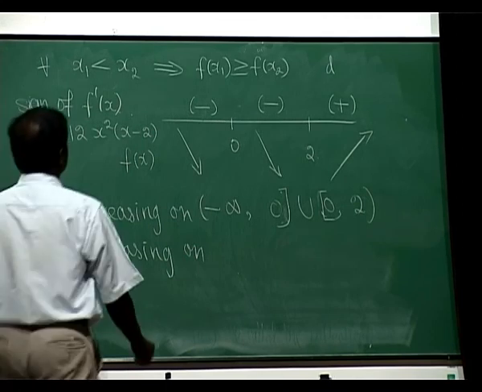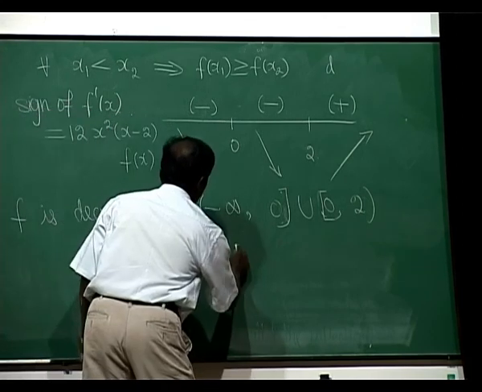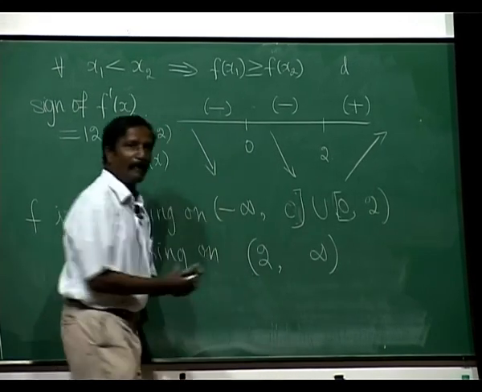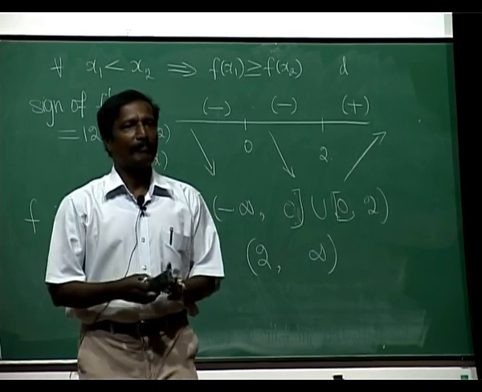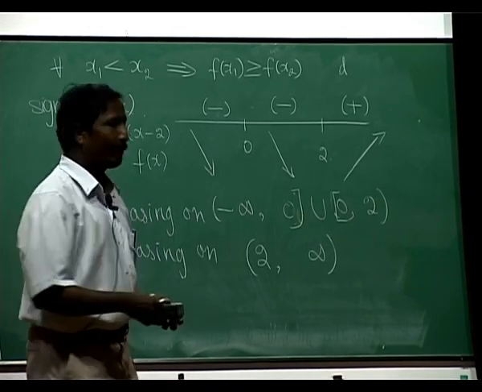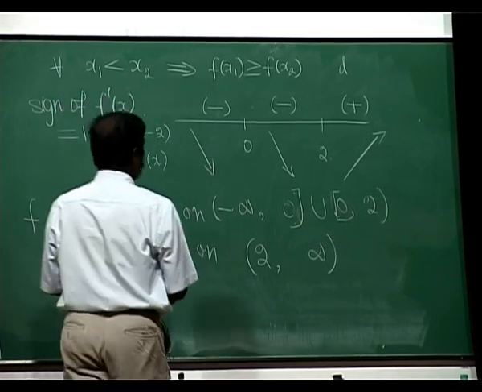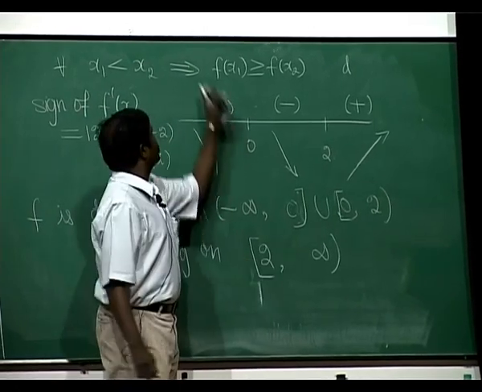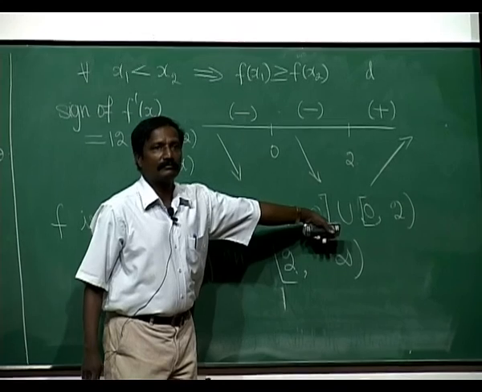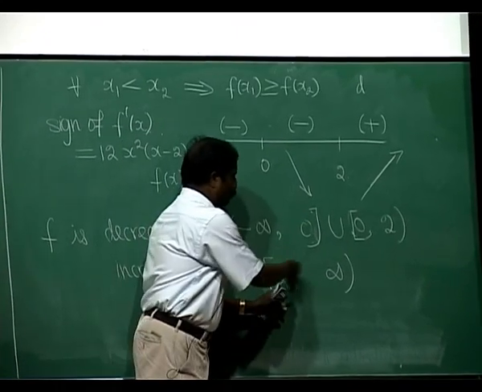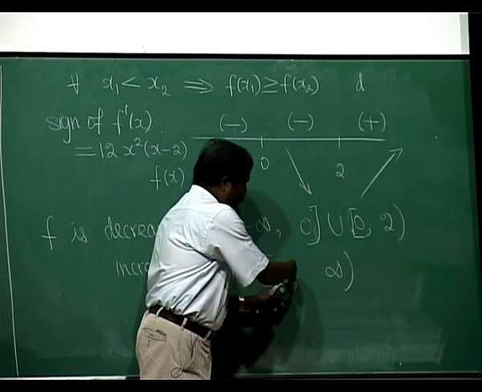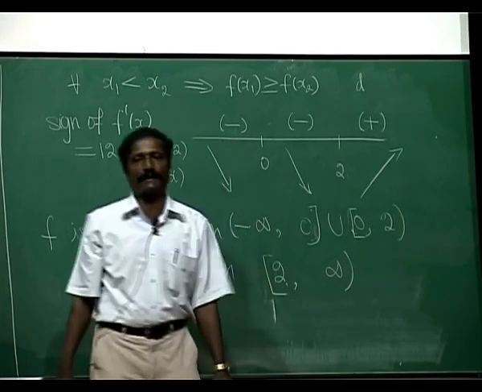So it is increasing on 2 to infinity. Now the question is, suppose we are including 2 there, can we include here also 2 to infinity? Yeah, you can say that because it satisfies that definition. Anytime f of x1 less than or equal to f of x2, it would satisfy.